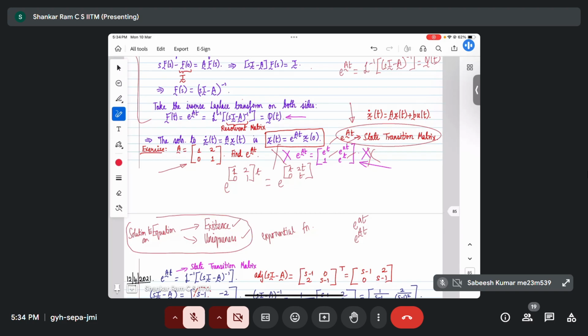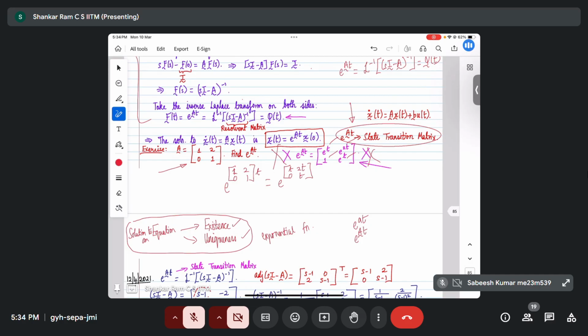So in fact, there are references where there is a long proof of this particular concept. The outcome of the Laplace inverse being taken and the exponential coming is because of the definition of the Laplace transform and the corresponding property.